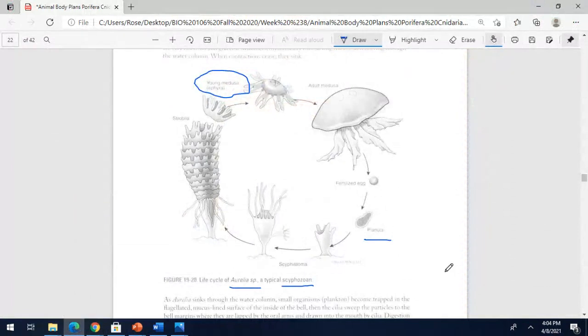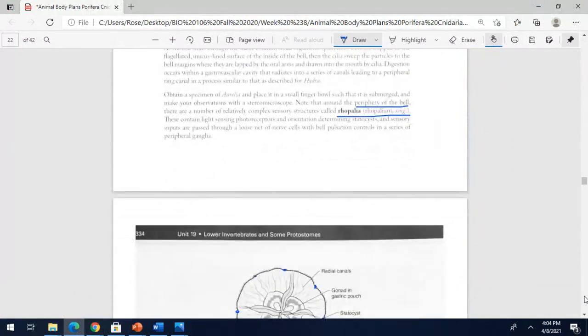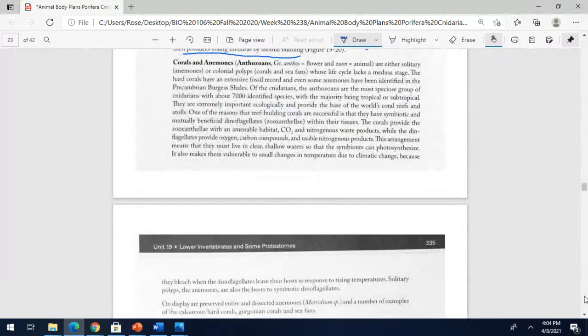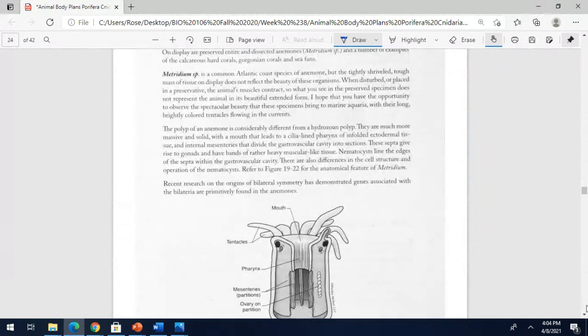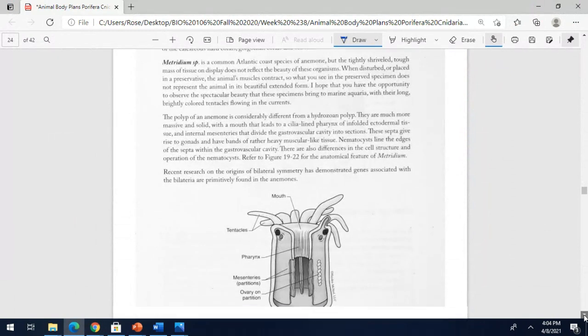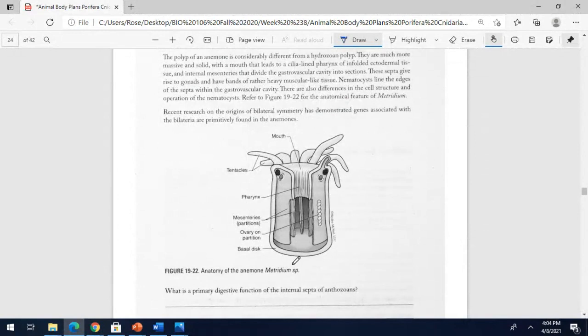So let us look at the slide, the PDF here, to just recap. We did talk about the coral and the anemone, which are anthozoans. Our example is Metridium. Know this one here. This is the thing we would have observed in class when we used to do our final practical. This is an anemone. It is an anthozoan. Please make note of that.